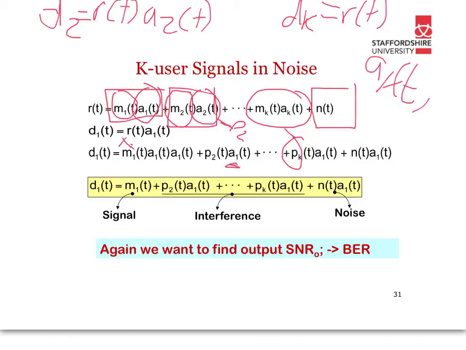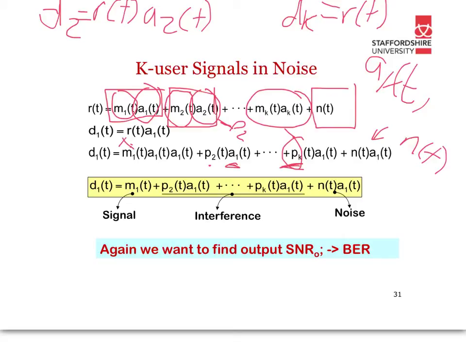So what we receive is P2, the widespread multiple access interference from user 2. Here, PK is the widespread signal from user K. And then also the noise times the spreading code 1, which is the same as just the noise, because we've shown that when we multiply a spreading code with nothing but noise, we still get noise.